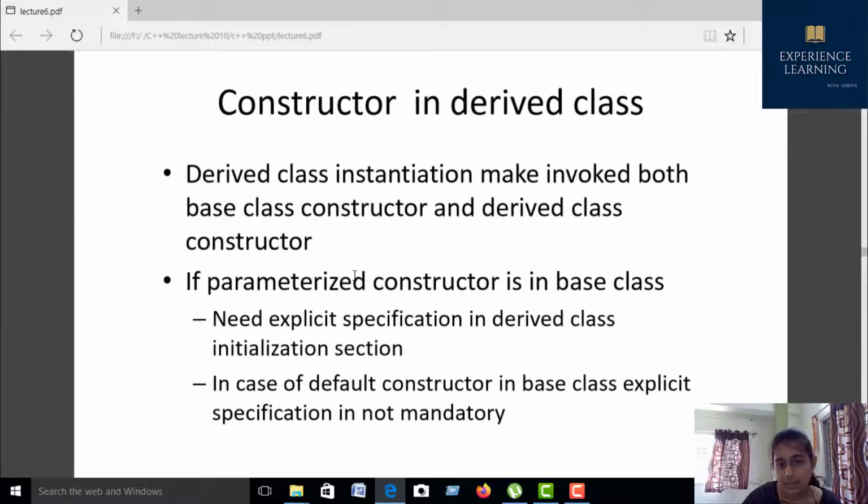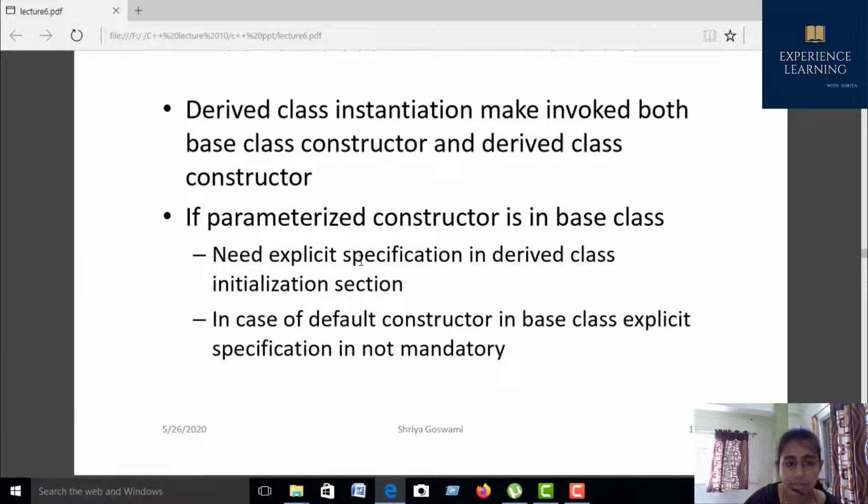Next, constructor in derived class. Derived class instantiation may invoke both the base class constructor as well as the derived class constructor. And you can see that if a parameterized constructor is in the base class, it needs explicit specification in the derived class initialization section.